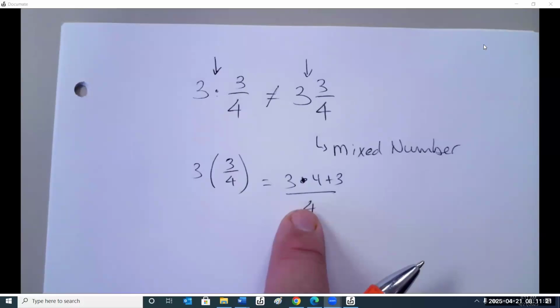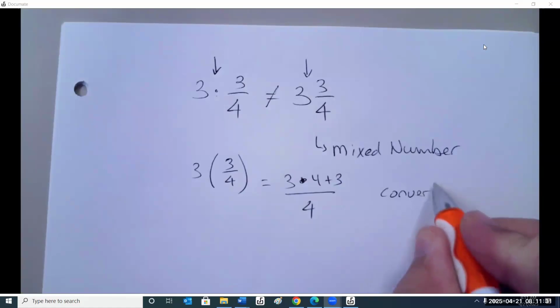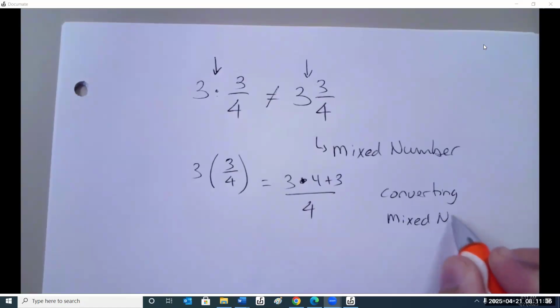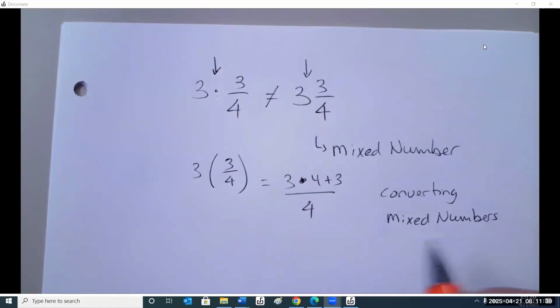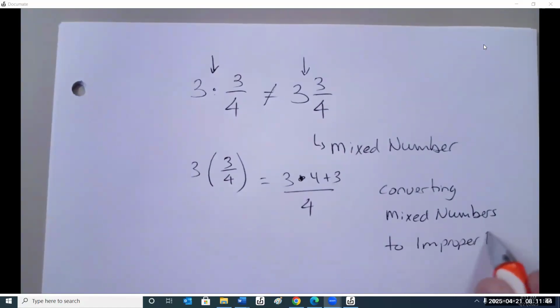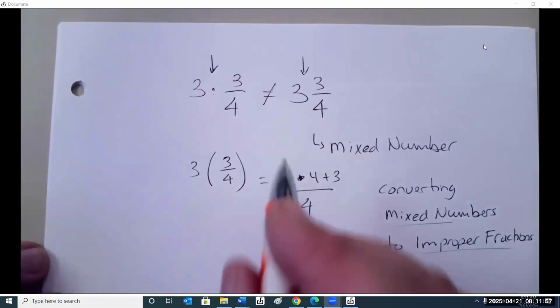Where do we see this before? This is the formula for converting mixed numbers to improper fractions. But this is also not right.